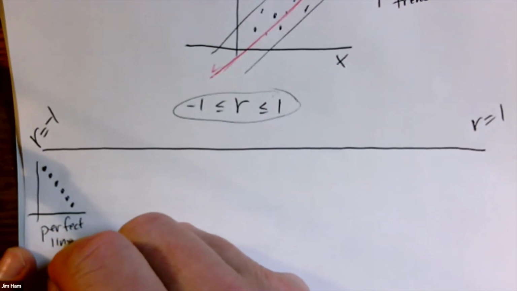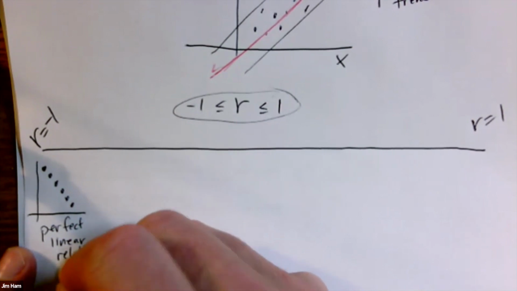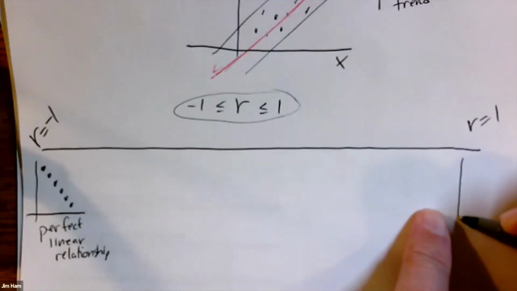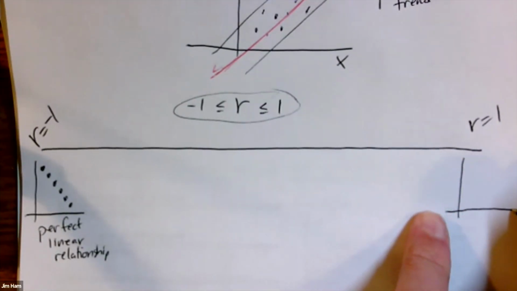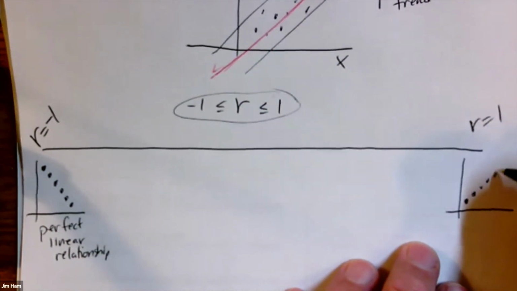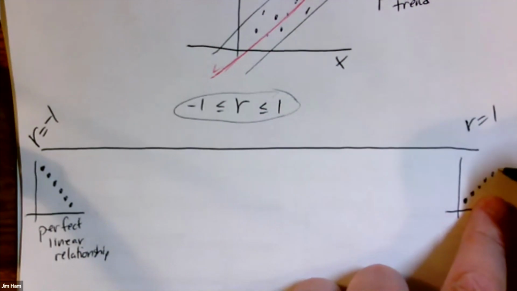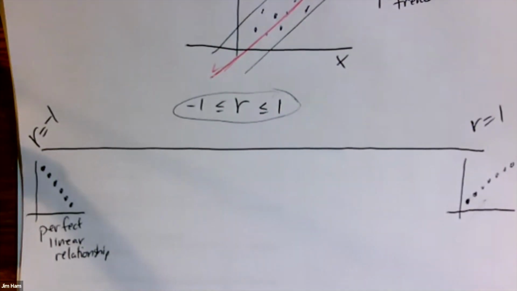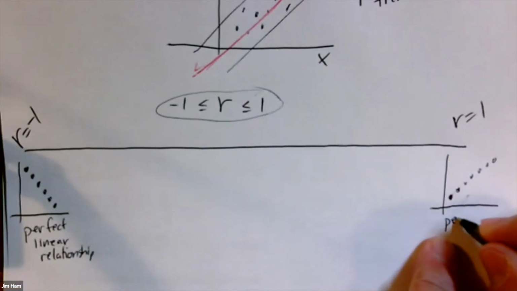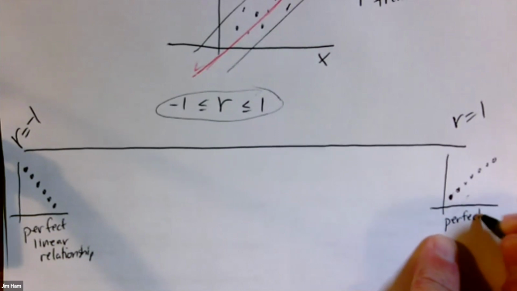All points would fall on the line. None of the points would deviate from the line of best fit. That's what perfect looks like. Over on the other side, a correlation coefficient of 1 would be the same thing, except you would see a positive sloping line like this. Every point would fall on the line of best fit. So again, you have a perfect linear relationship.